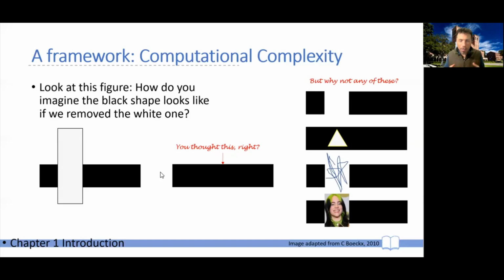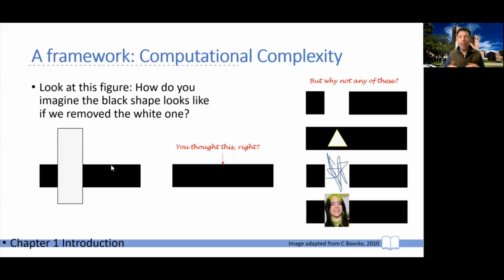The computational complexity of finding all the possible answers to this is huge. If you were a computer, a smart computer, and I asked you, hey, what's under here? You would have to start spitting out an infinity of possible answers. And then once you find out the infinity of possible shapes that fit this, you have to pick which one is the good one. Our minds don't do that.